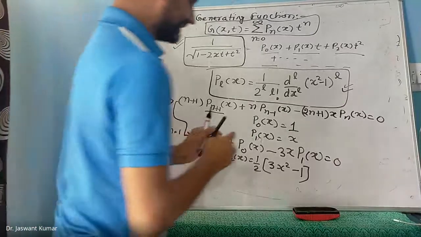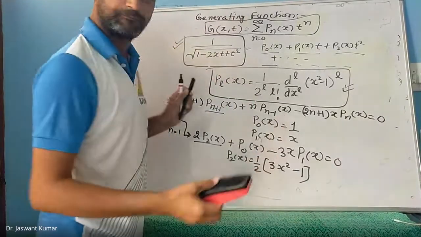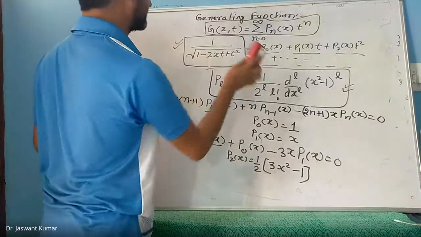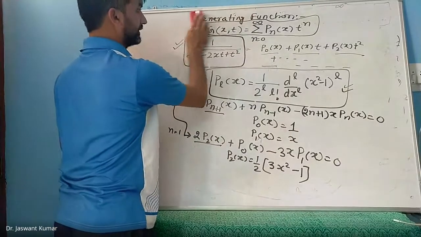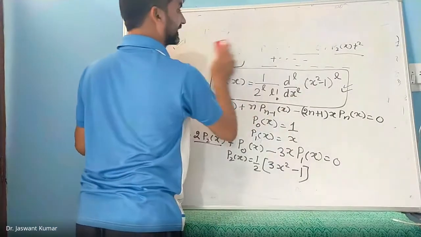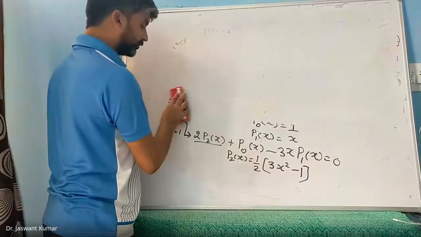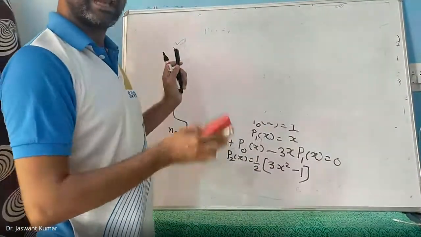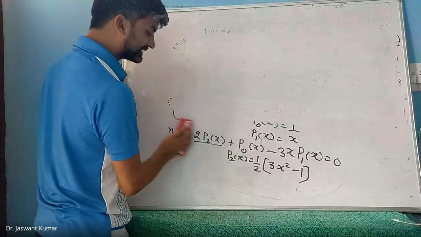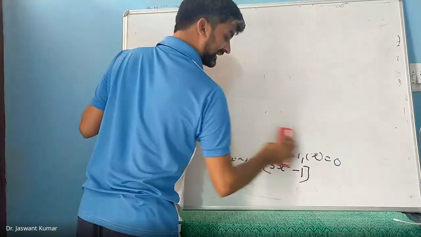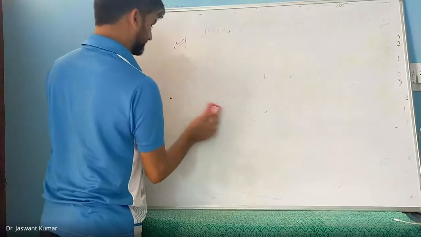I think I had given you the homework of revising the recursion relation, the second recursion relation. So I will not derive the second recursion relation. The second recursion relation tells you that from the knowledge of the x derivative of one of the Legendre functions, you can obtain the x derivative of another Legendre function.